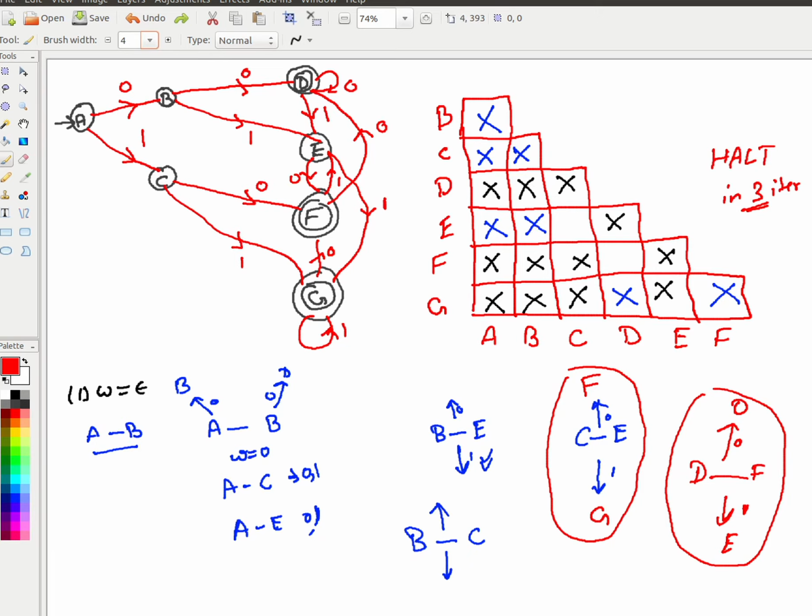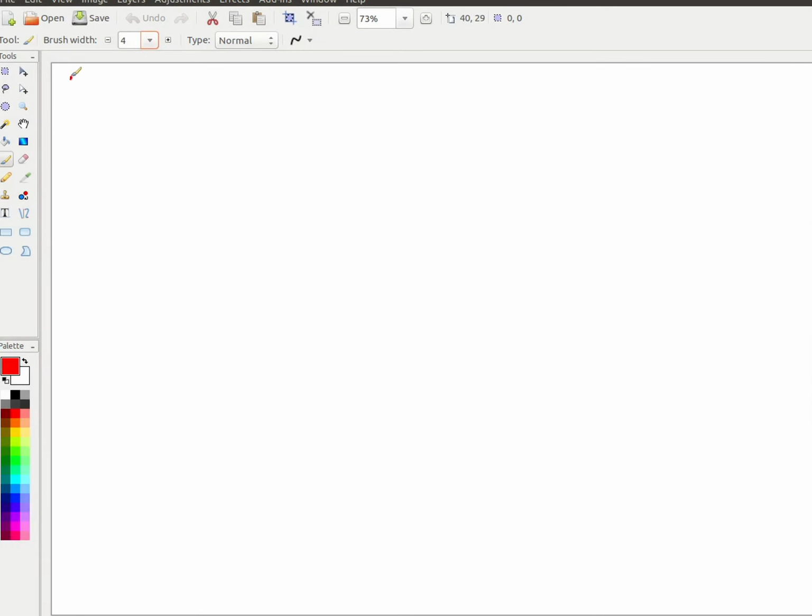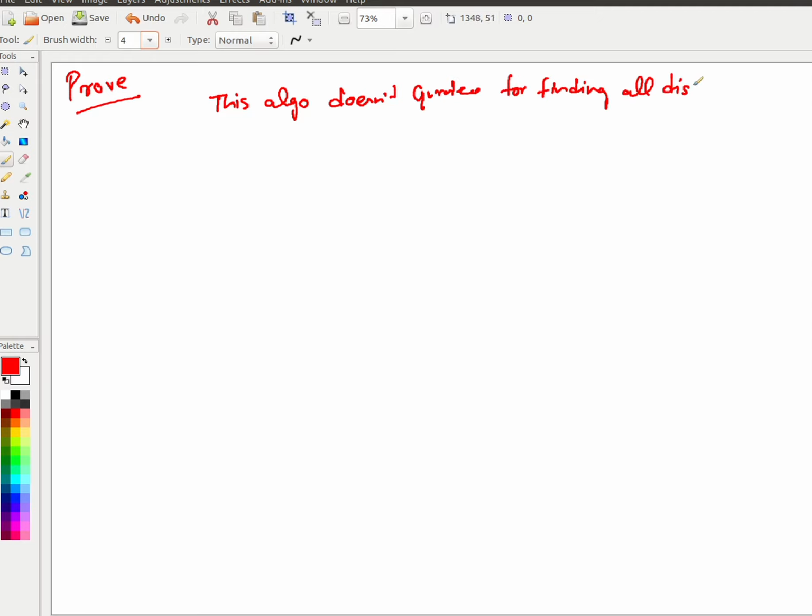Correct? So let us quickly prove that this algorithm always finds all the pairs. How are we going to prove this statement? The proof of correctness. Let us assume the contradictory statement: that this algorithm doesn't guarantee finding all distinguishable pairs.